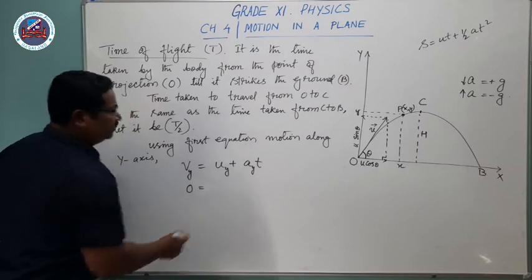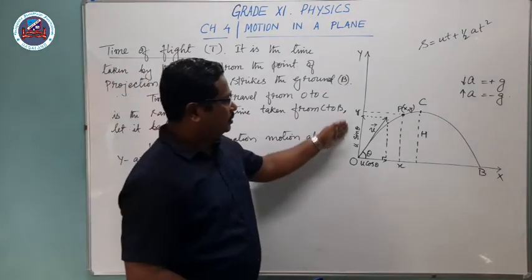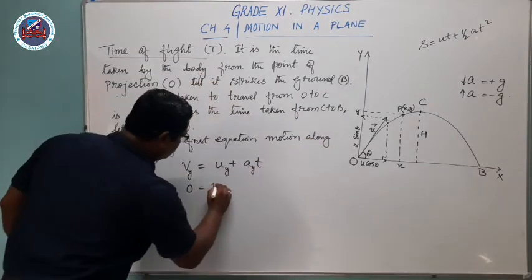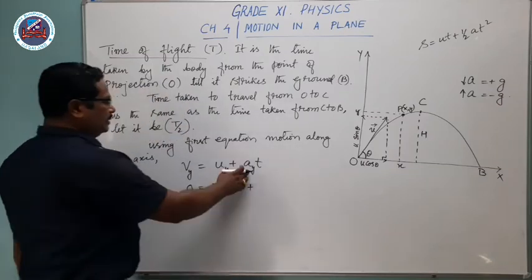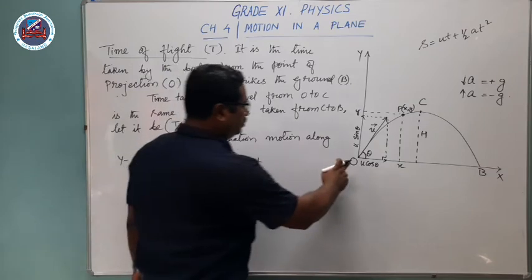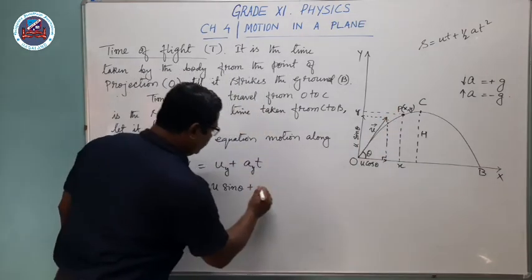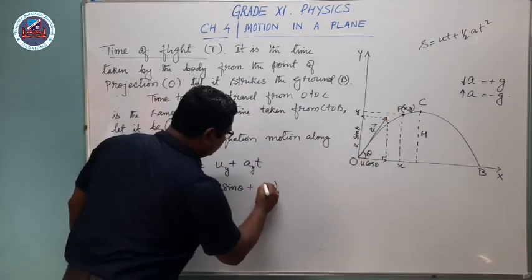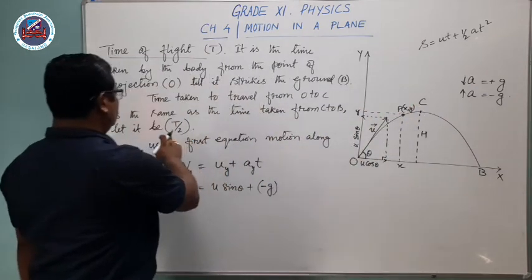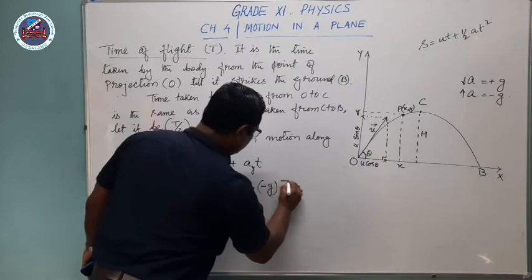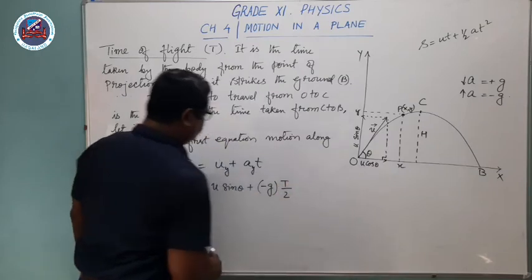So Uy, the velocity along the y-axis, is u sin theta. It is u sin theta plus the acceleration. As the body is going up, the value of Ay will be minus g, and the time to reach from O to C, as we have mentioned before, will be t by 2.